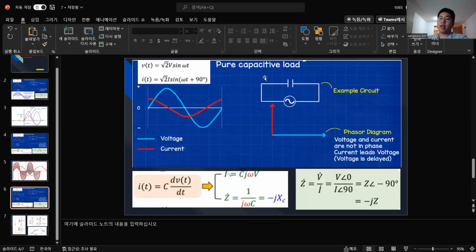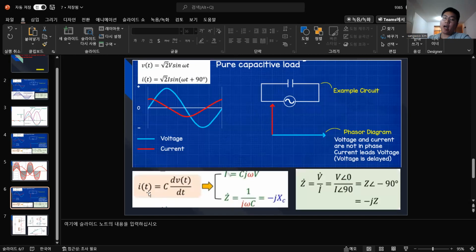And pure capacitor, I said, when time goes by, the voltage is changing, and I is coming through. But the capacitor's natural property is open, right? So that's why it prevents current. So it's reactive, right? Prevent. So it's also a jX impedance.